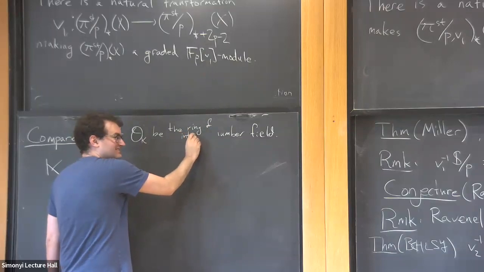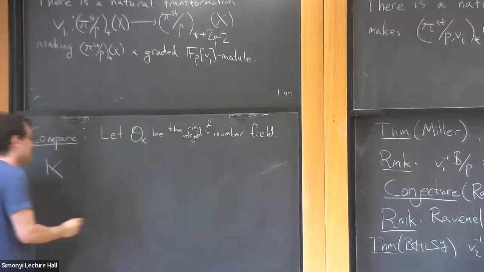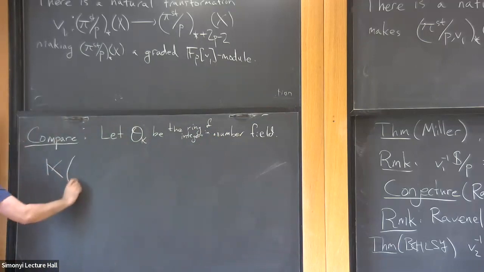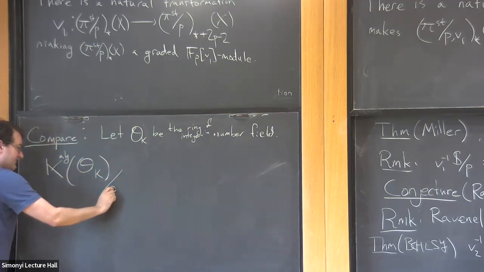If I look at this ring of integers, I can compute the algebraic K theory of that ring, and I can mod out by P and V1.